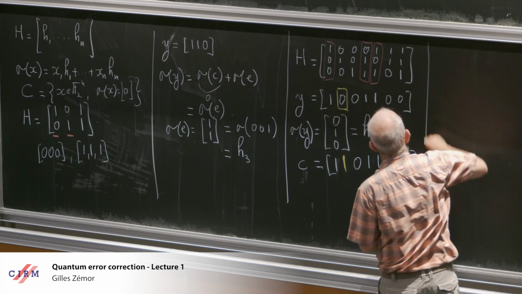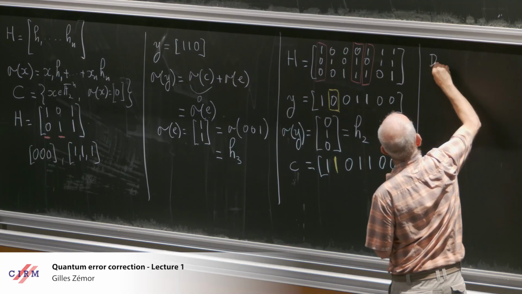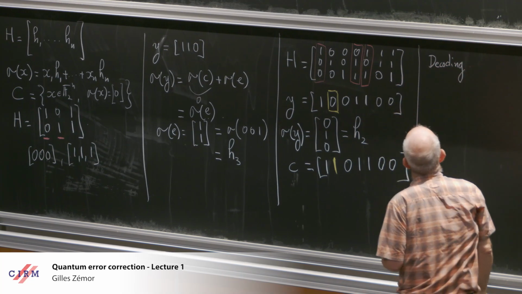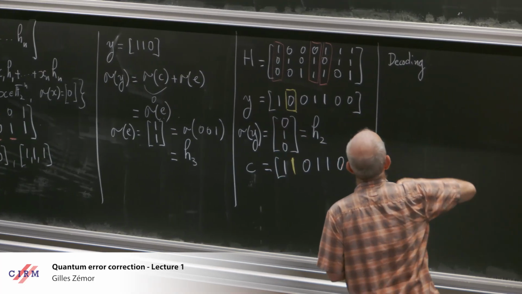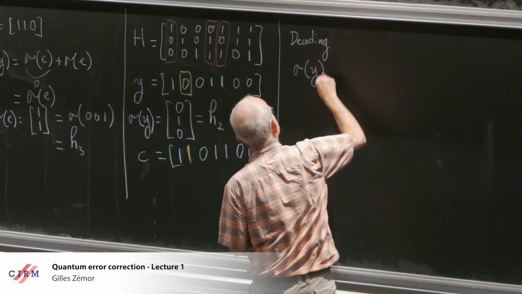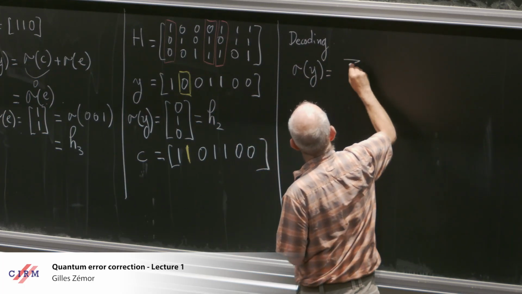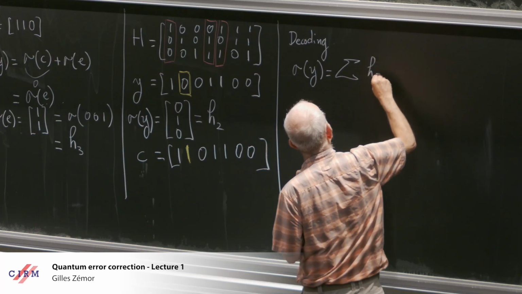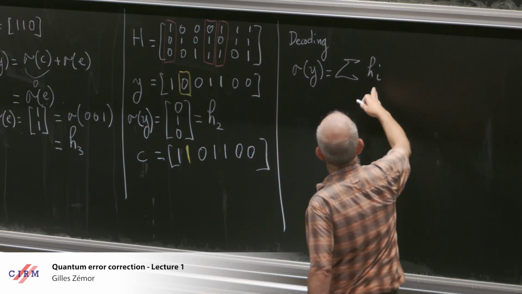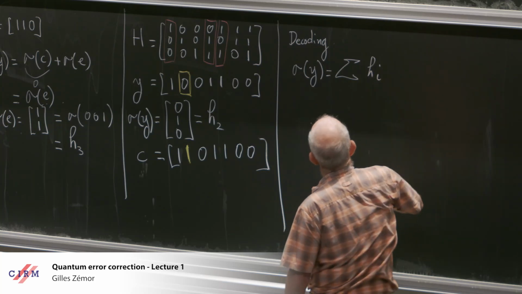So more generally, to decode, you want to compute the syndrome of the received vector and write it as a sum of columns of H that involves the smallest number of columns possible.